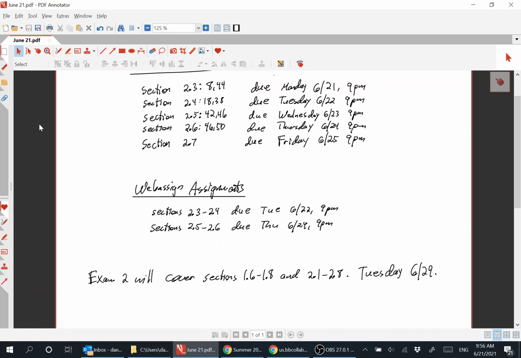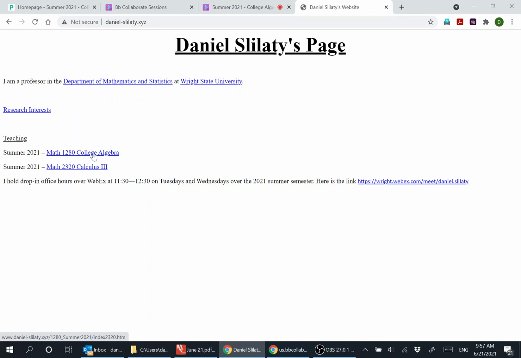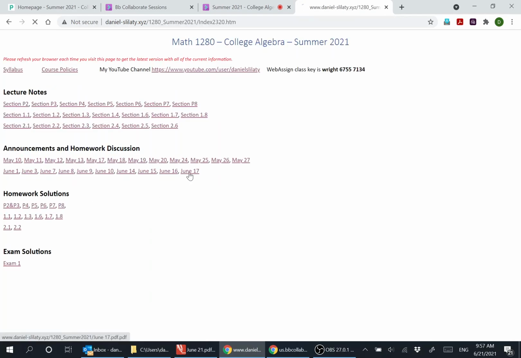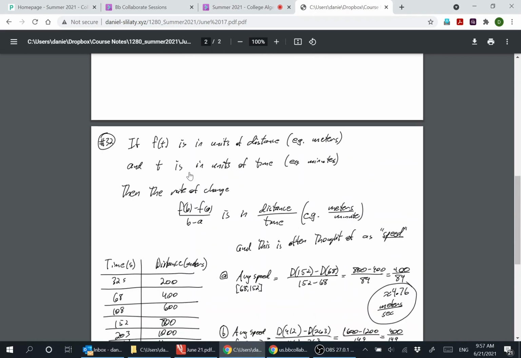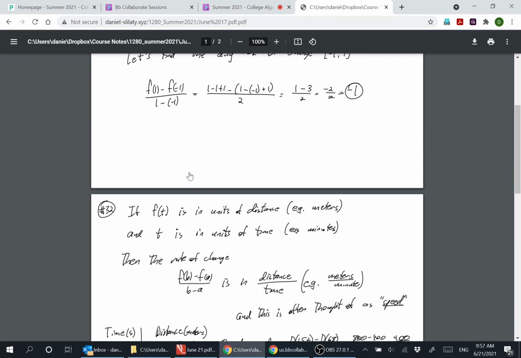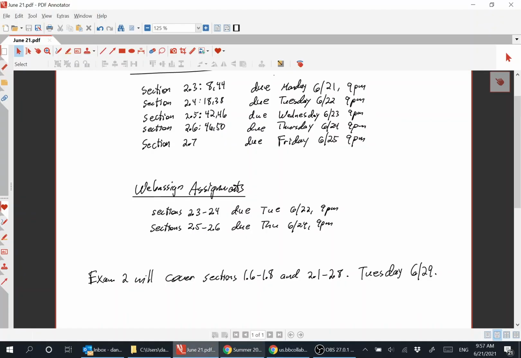Okay, so last time, did we go over problems in section 2.5 already? I think we did. Oh no, we did not. So let's take a look at some problems in section 2.5.